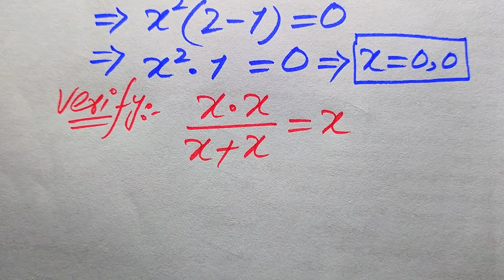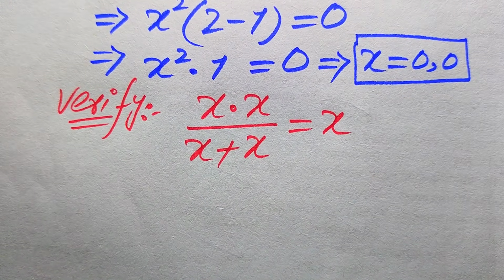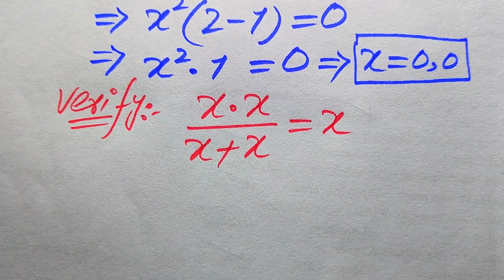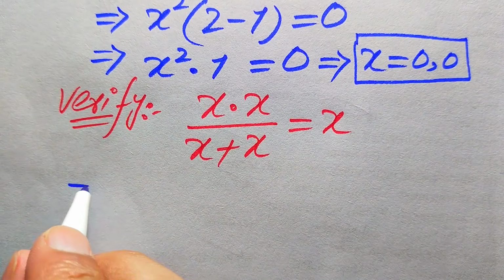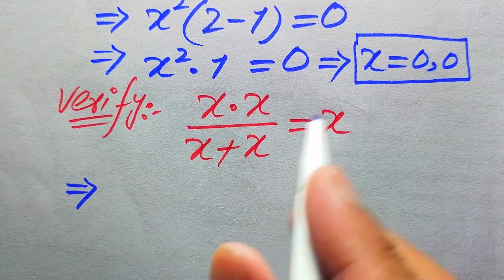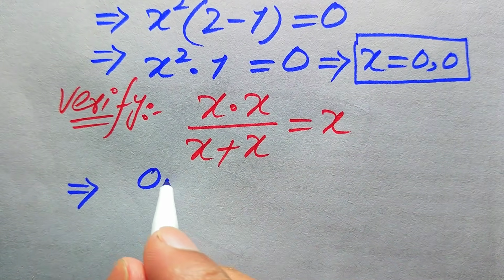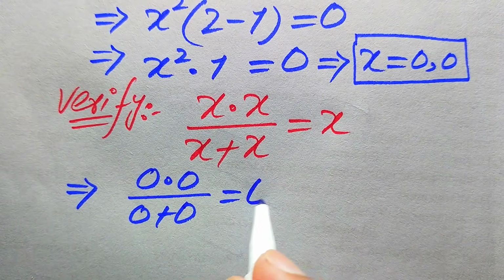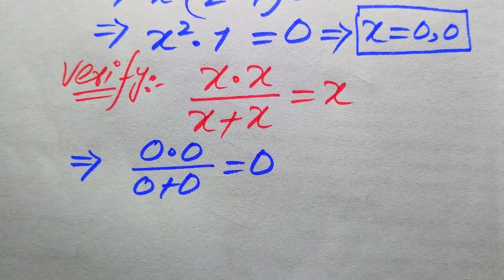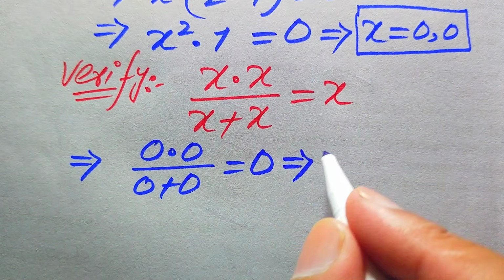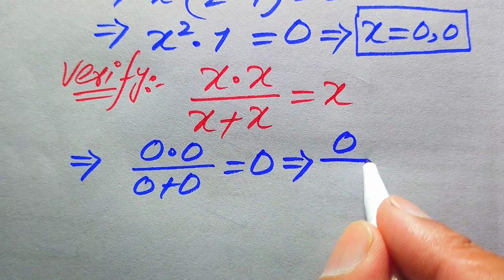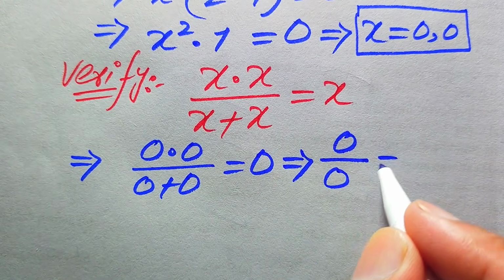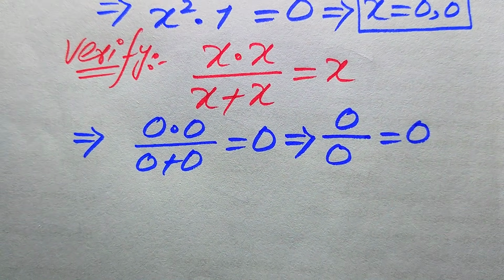This is our given question statement, and here we substitute the value x is equal to 0 on both sides of this equation. When we put x is equal to 0 here, we get 0 times 0 divided by 0 plus 0 is equal to 0. This implies that 0 times 0 becomes 0 and 0 plus 0 becomes 0, so 0 over 0 is equal to 0.